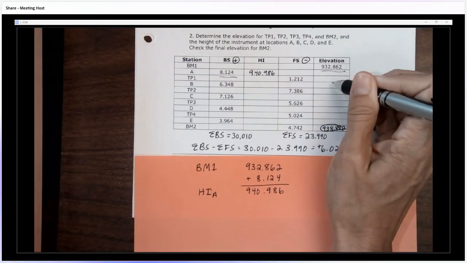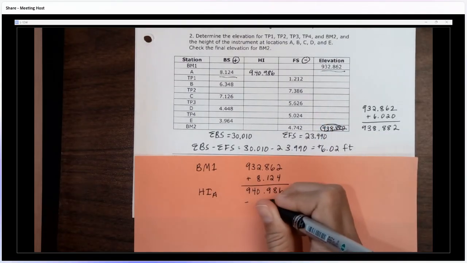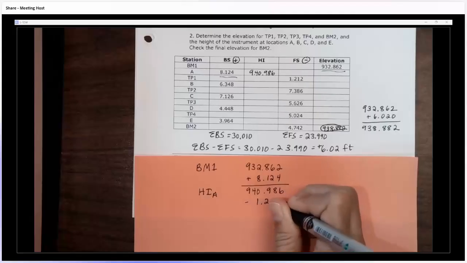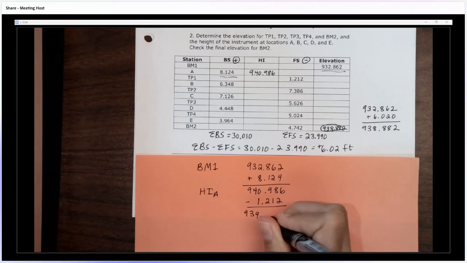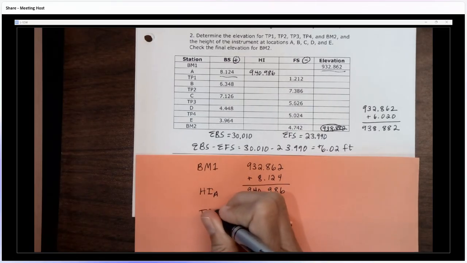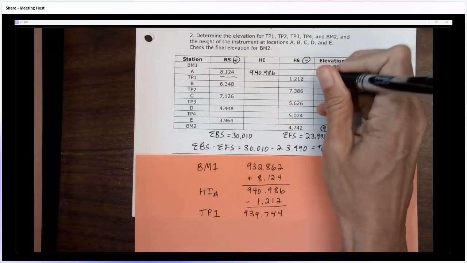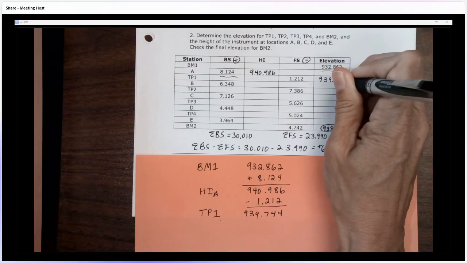Now to find my elevation, I'm going to go down by this foresight. So I'm going to subtract the 1.212, and that becomes 939.774, and that's my TP1 elevation. So I'll put it right next to there, 939.774.